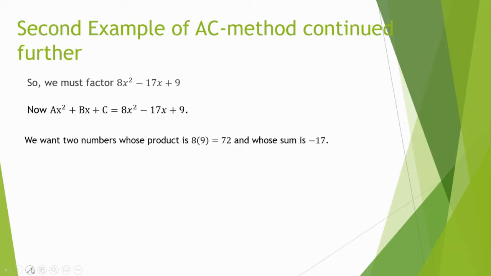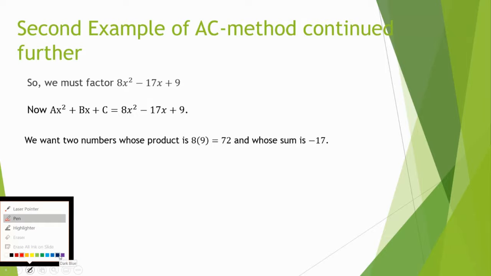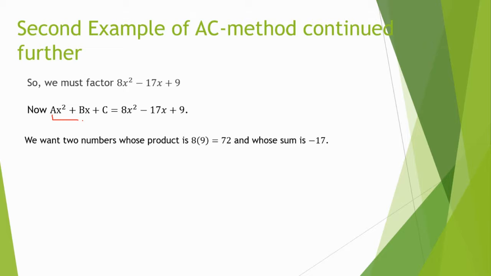So again, here, you know what? Let me use that really fun pen. Change the color a bit. That doesn't matter. So in other words, again, our A is 8, C is 9, and that's all I'm trying to say here.